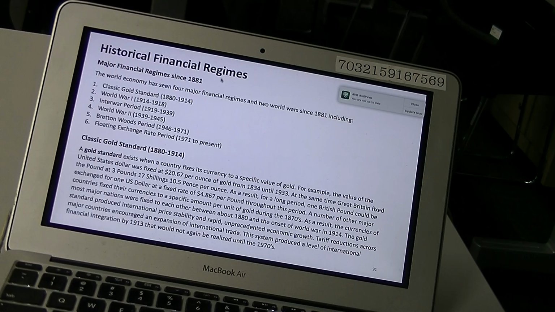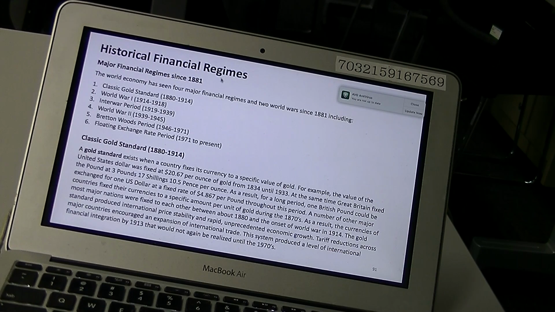In the early 1870s, other countries, particularly in Europe, began fixing their own currencies to gold. So they established their currencies relative to gold. When they did that, they became fixed to the pound and to the dollar. When these countries fixed their currency to gold, it automatically fixed their currencies to the pound and the US dollar because these currencies were fixed to gold.